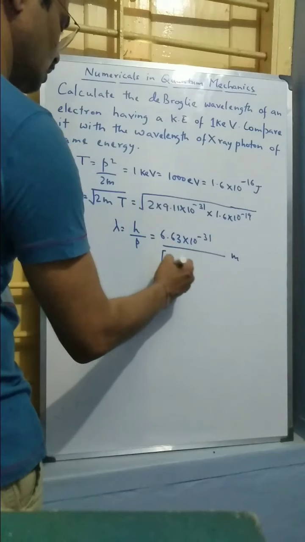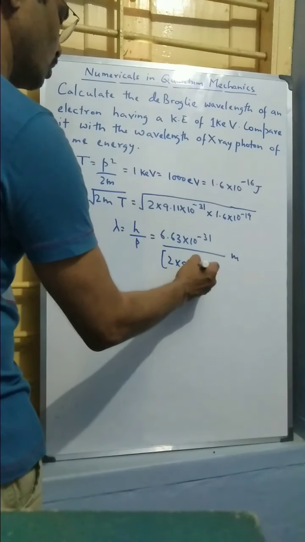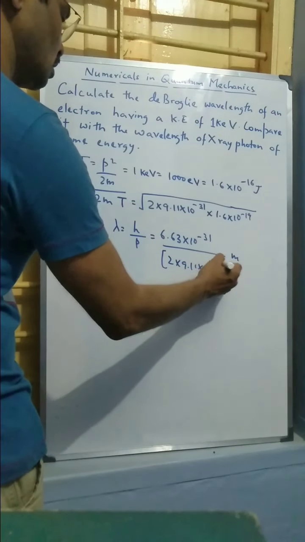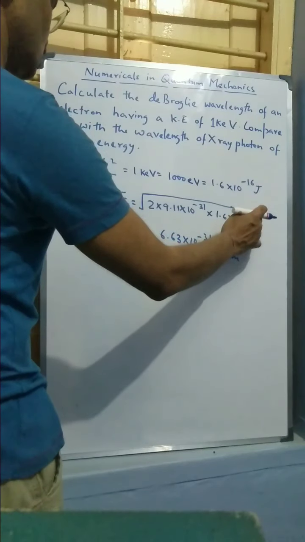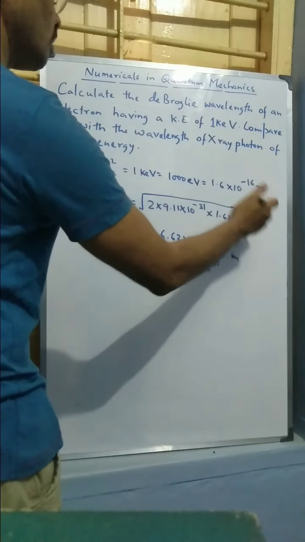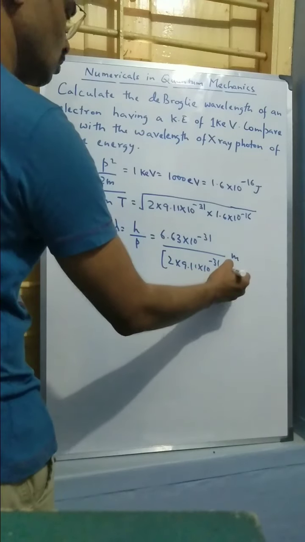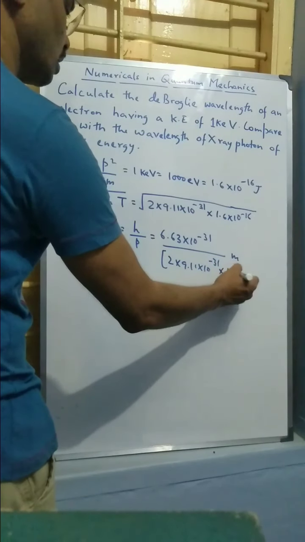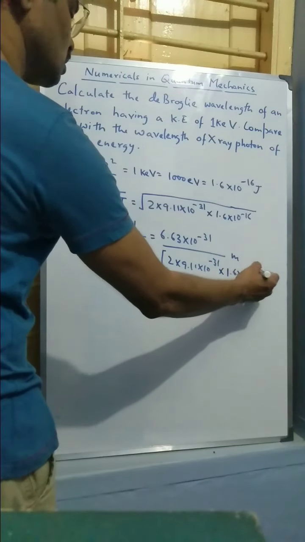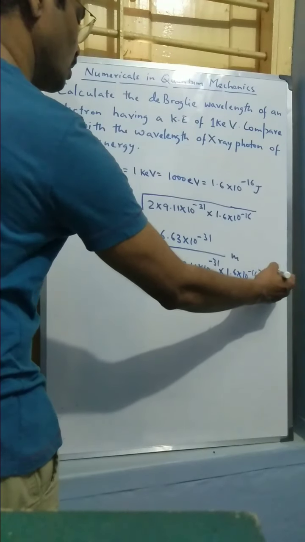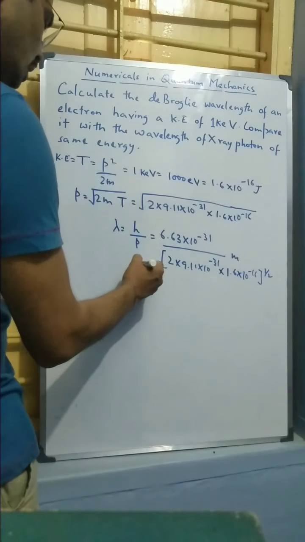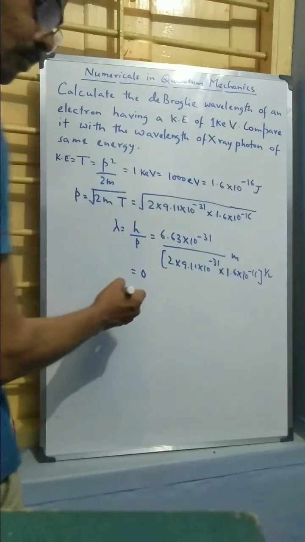If I write this as 2 into 9.11 into 10 to the power minus 31, and this should be not minus 19 but 16, so 1.6 into 10 to the power minus 16, whole to the power half, because there is a square root.